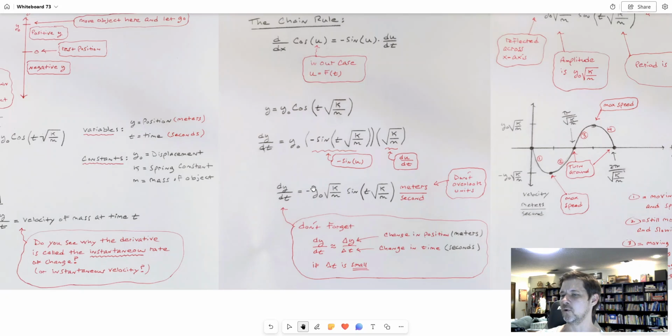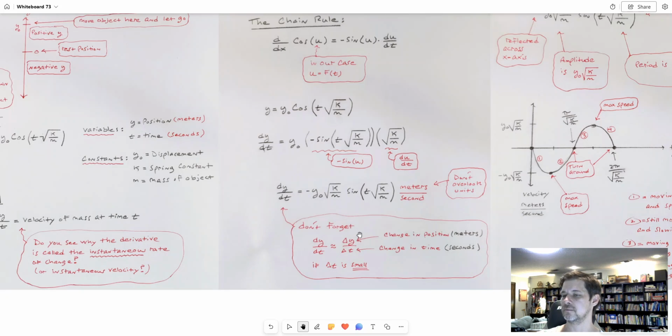How do I know that this is the units, though? I think that's maybe a more important question. The fact that the units are meters per second is one thing. How do I know? Well, I know that the derivative has this comparison with the average rate of change. The instantaneous rate of change is a lot like the average rate of change, so long as that change in the independent variable down there is small.